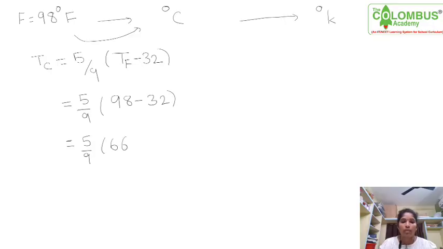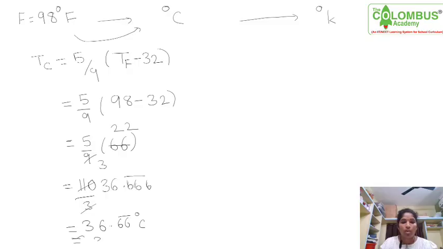What is the value? 66. 3 3s are 3, 3 2s are 22 into 50, 110 divided by 3 equals 36.666, it will continue, bar. That equals 36.66 bar degrees Celsius, which is approximately 37 degrees Celsius.